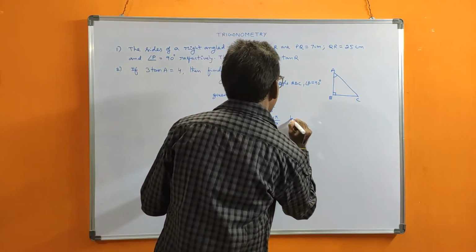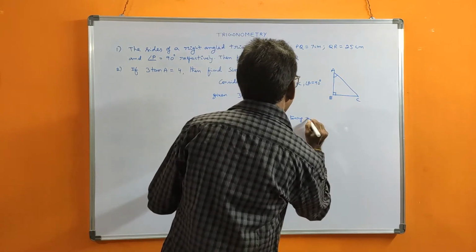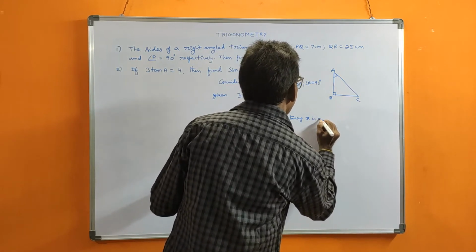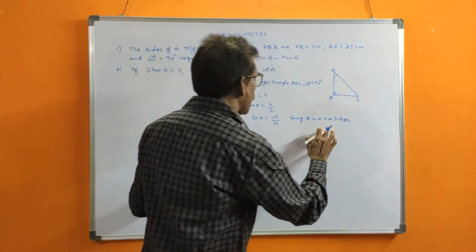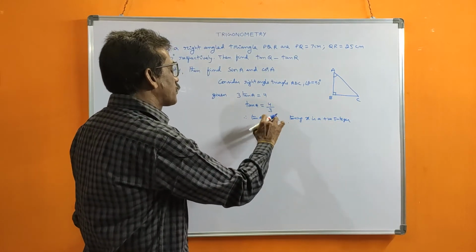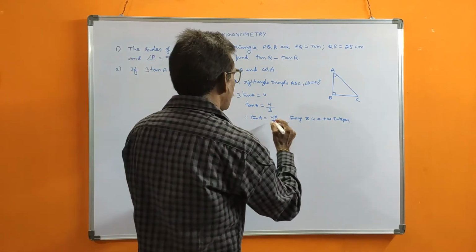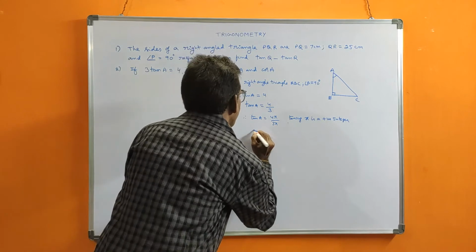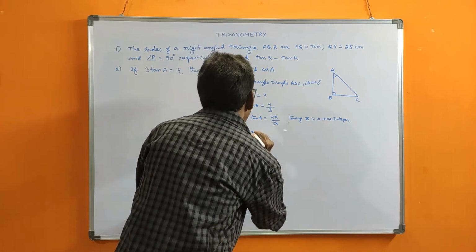Here, taking 4x by 3x, x is a positive integer. We multiply with that integer to get the ratio, so 4x by 3x. Now, what is the tan A formula?